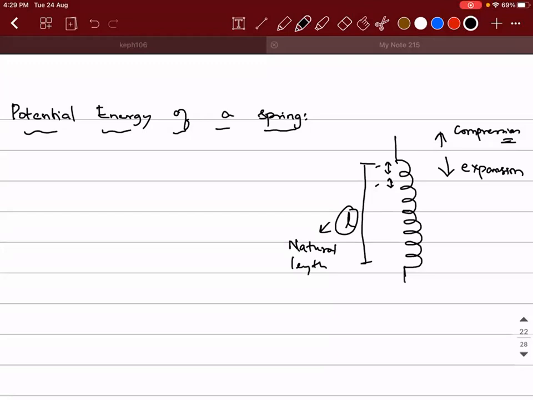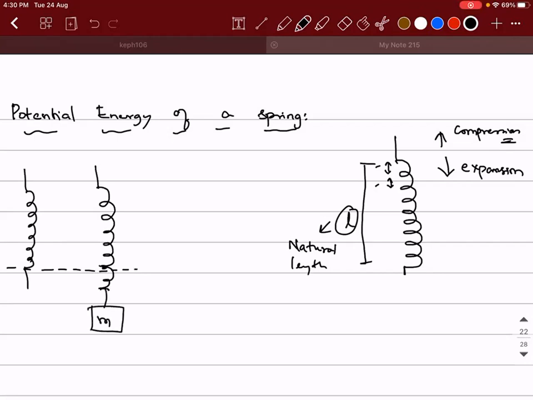Okay. Now what will happen when a load is suspended? It will be expanded. So when you say it is expanding, can you say that the relative distance between two windings will increase? Let's say its expansion is x naught.